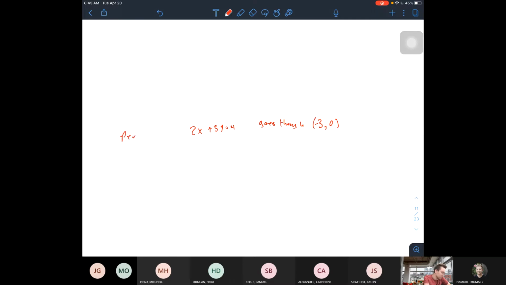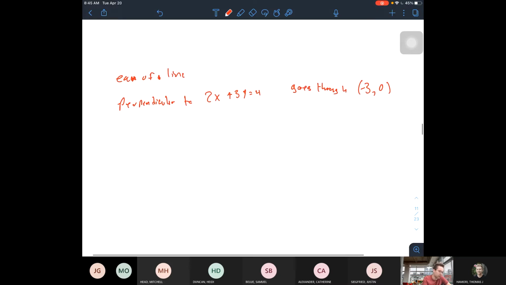We're trying to find the equation of a line that is perpendicular to the line 2x plus 3y = 4 and goes through the point -3, 0.